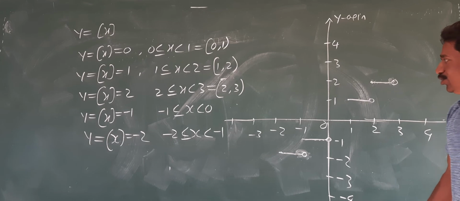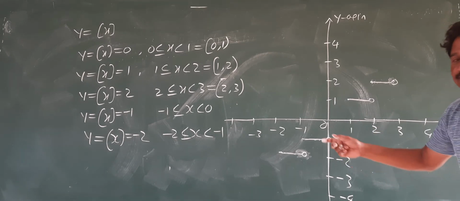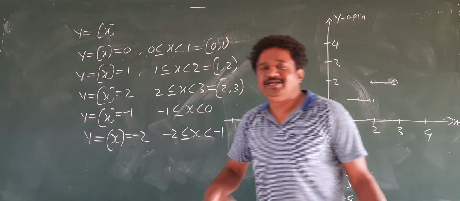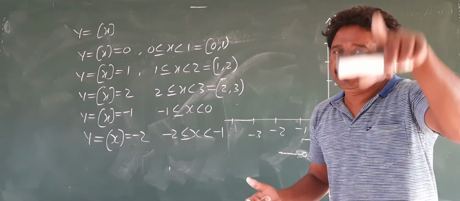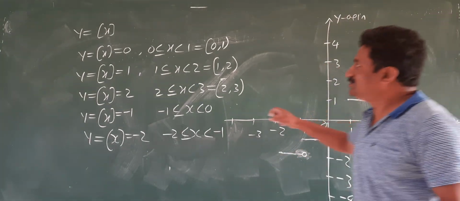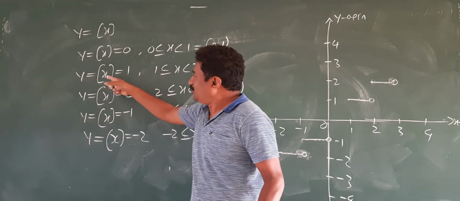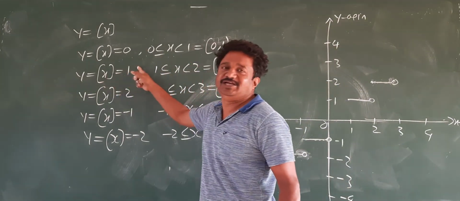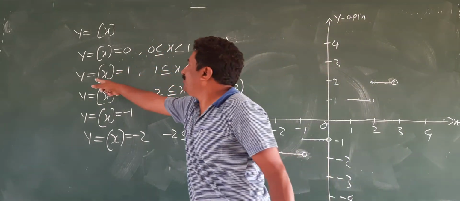Tell me the domain. Domain is all members on the x axis; all of them are related. The domain is the set of reals. What is the range? The y values. Here the y values are only integers that are related. The range is the set of integers. Range means y values, domain means x values. All x values are related. For x equals 0.1, what is it related to? 1. 1.1 to 1. Root 2 is 1 point something, so it is related to 1. Root 3 is again 1 point something, so the y value is 1.